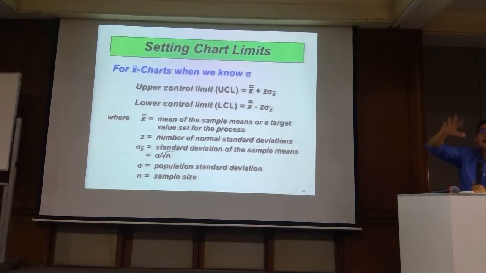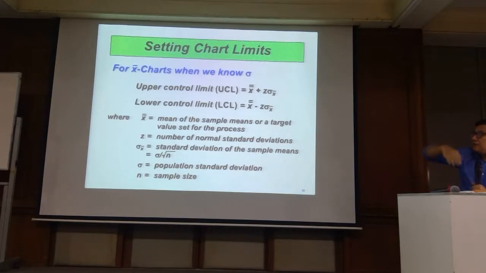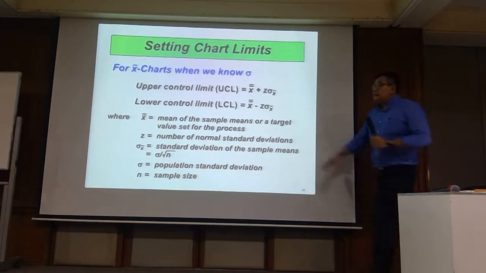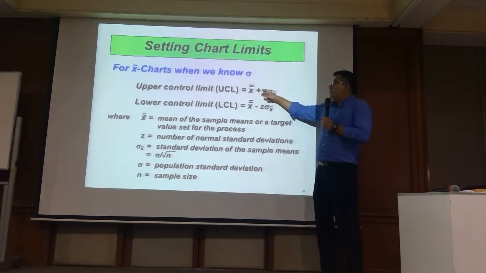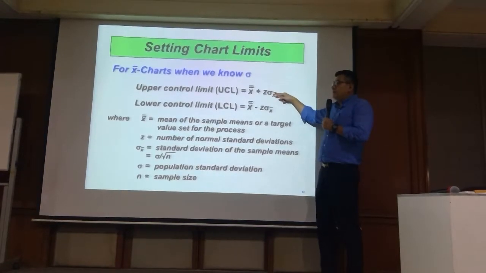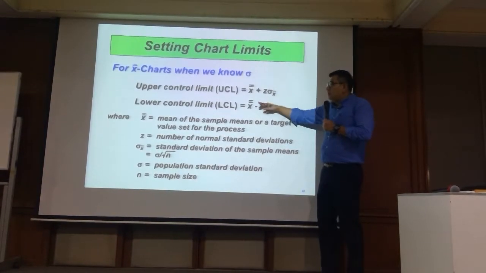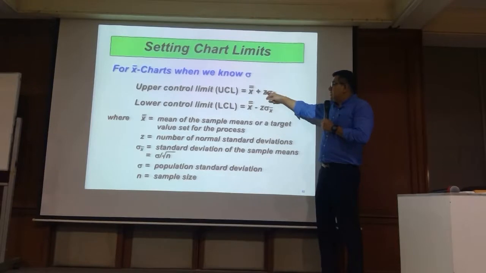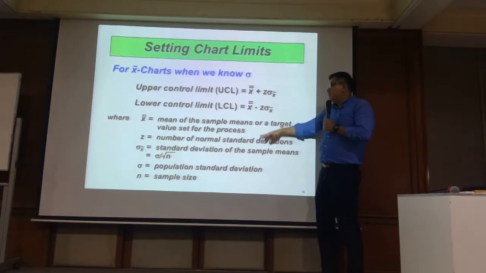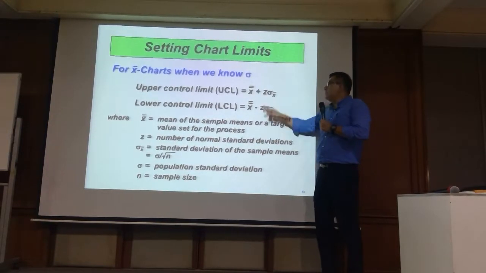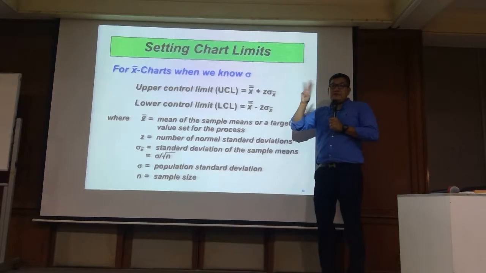We call it X double bar. For the upper control limit, we use X double bar plus Z times the standard deviation of the sampling distribution. For the lower control limit, we minus. Z is the number of standard deviations. Generally, we use 3.